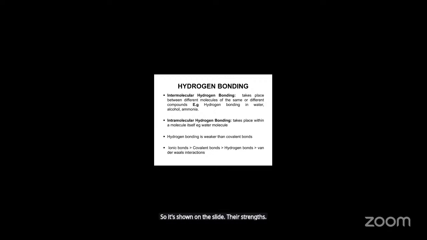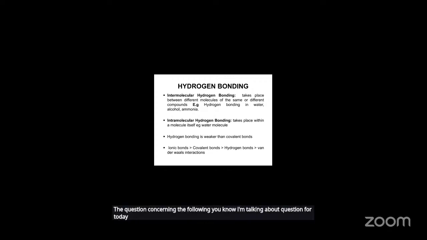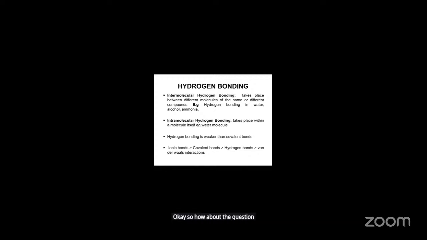The weakest one is van der Waals, while the strongest is ionic bonding. The question can say the following, I'm talking about questions for today, but in your normal CBT, they can list the valence forces and say which of them is the strongest or weakest. Or they say arrange the following valence forces in order of their strengths. Okay, however the question comes, make sure you understand it.